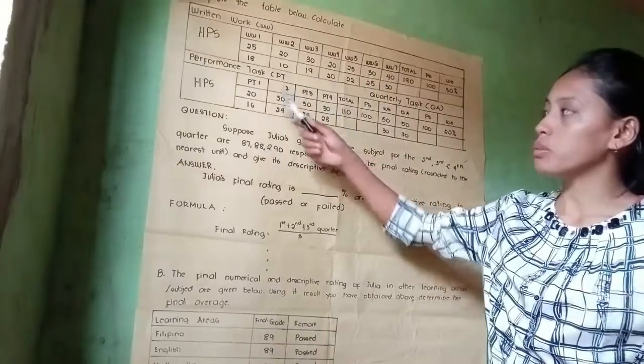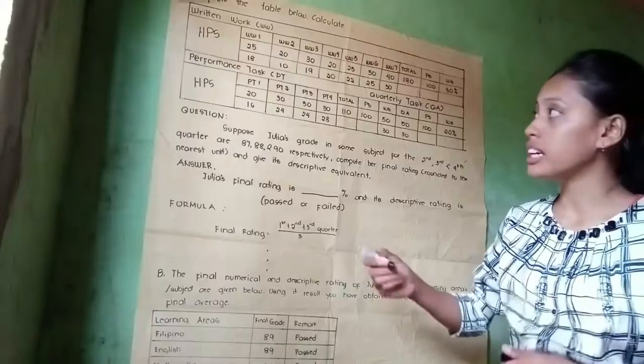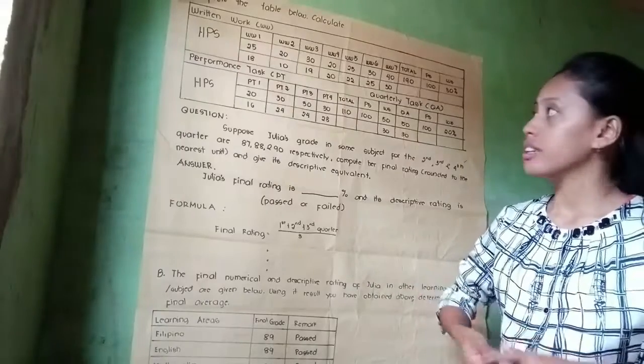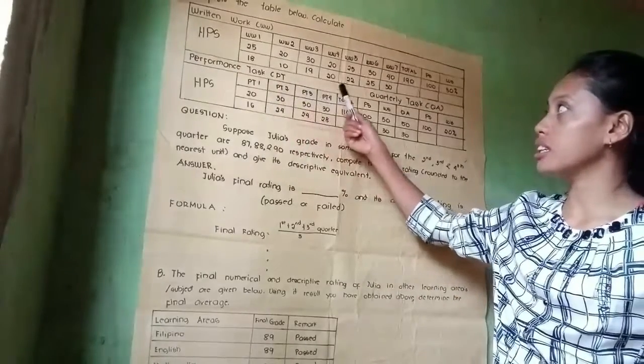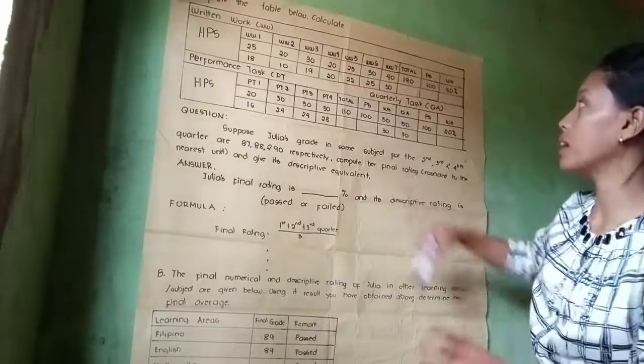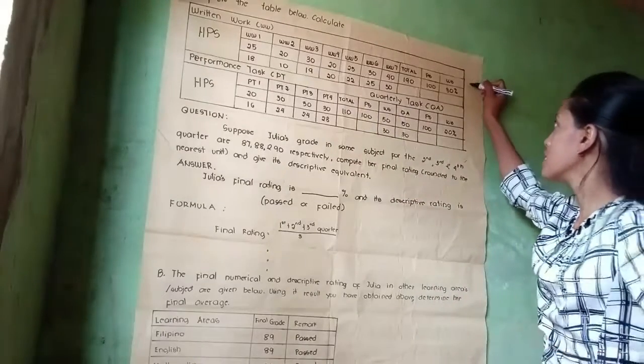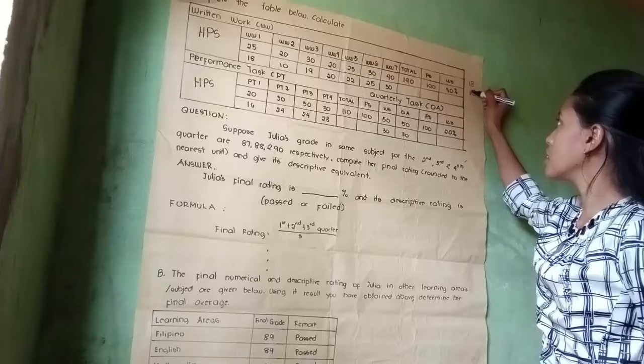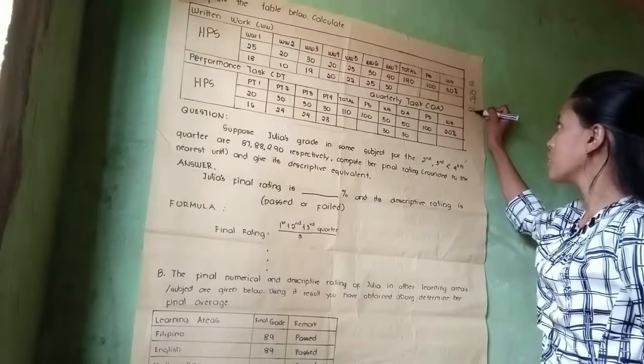So these are 8, 10, 19, 20, 22, 25, and 30. So I'll write them. 8, 10, 10, 19, 20.